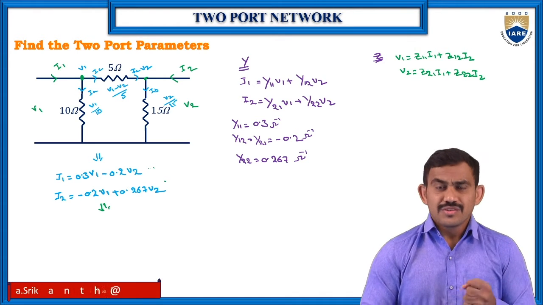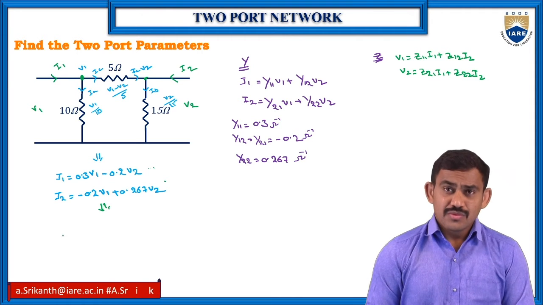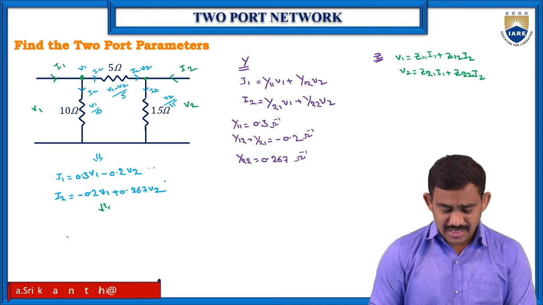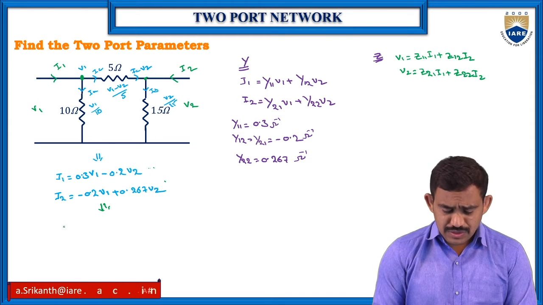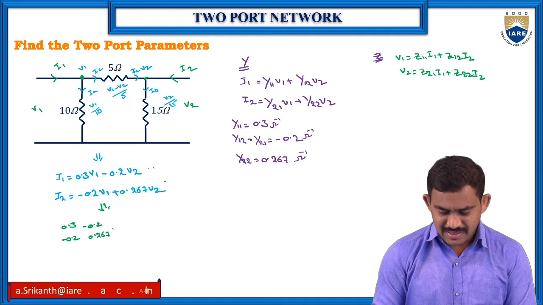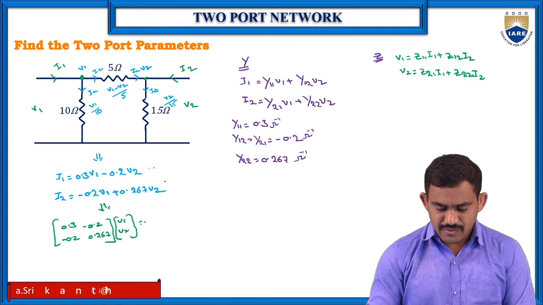Again, it's very simple, using Cramer's rule. For Cramer's rule, you need to convert this equation into matrix form: 0.3, minus 0.2, minus 0.2, and 0.267. That is your main matrix, times V1 and V2, equal to I1 and I2.